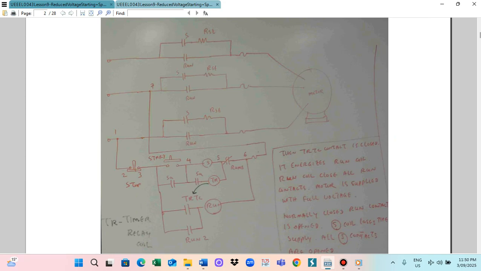TRTC means the timer relay timing contact.